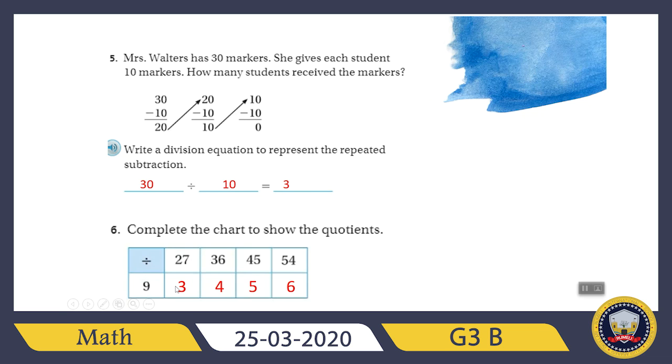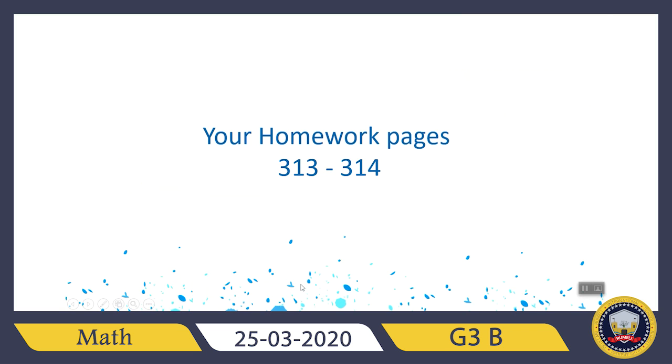Equals 3, because 9 times 3 is also 27. 36 divided by 9 is equal to 4, because 9 times 4 is also 36. 45 divided by 9 is 5. 9 times 5 is also 45. And the last one, 54 divided by 9 is 6, because 9 multiplied by 6 is also 54.